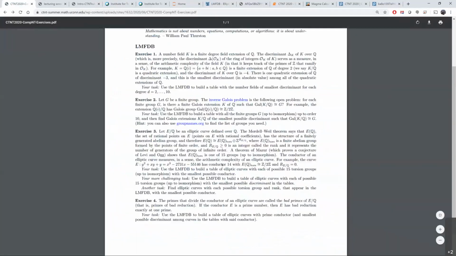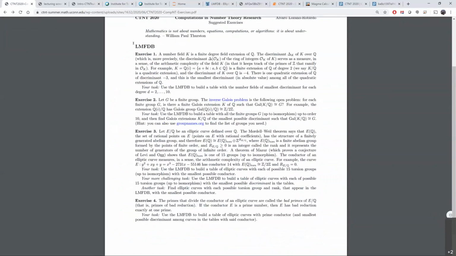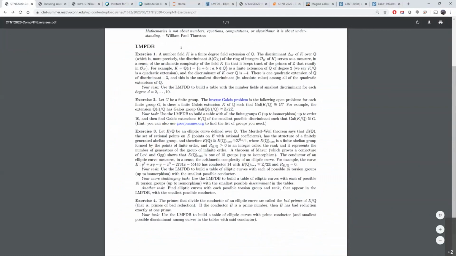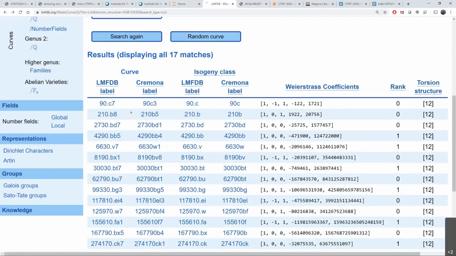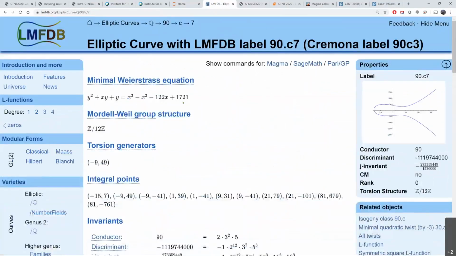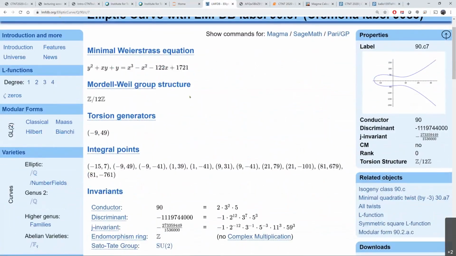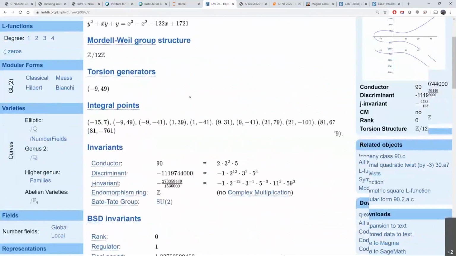But then, elliptic curves also have a discriminant, and the discriminant is a slightly different invariant of an elliptic curve. For example, this is an elliptic curve with conductor 90, and I can look at the discriminant.